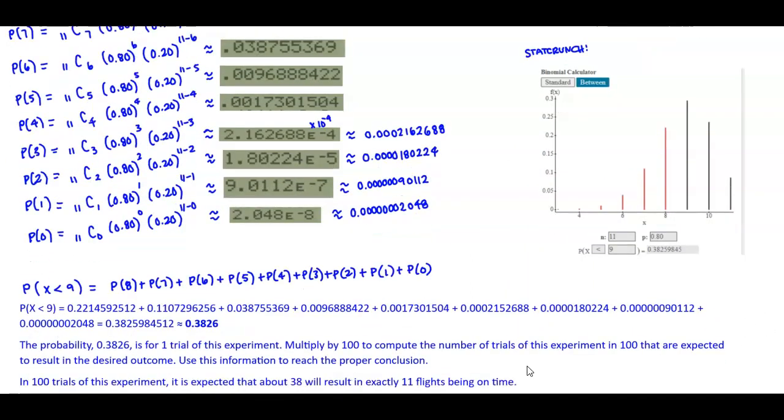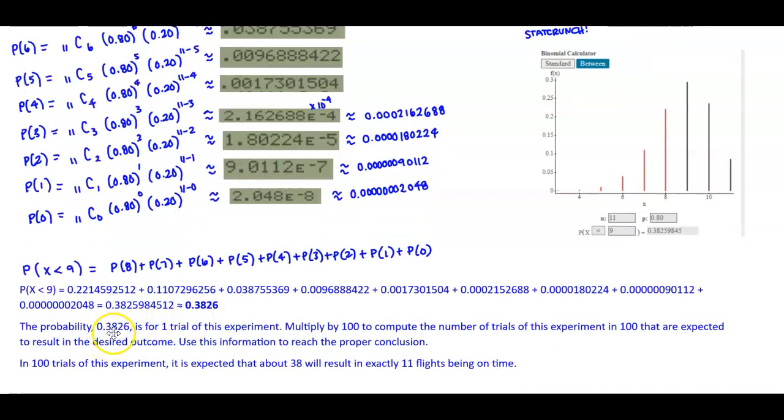Okay, so the probability, which is 0.3826, is for one trial of this experiment. So we're going to multiply this number by 100 to compute the number of trials of this experiment in 100 that are expected to result in a desired outcome. So if we take 0.3826 and multiply that by 100, we get 38.26, which rounds to 38.